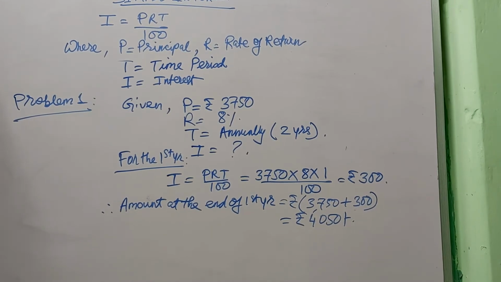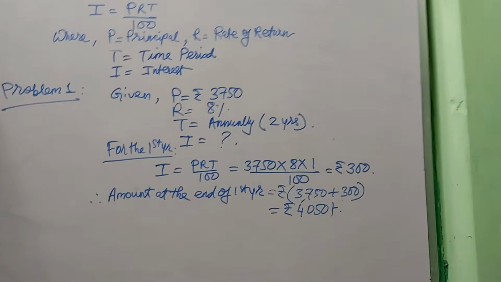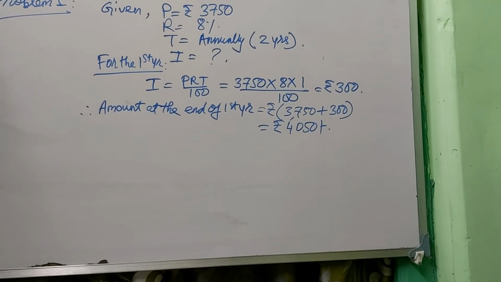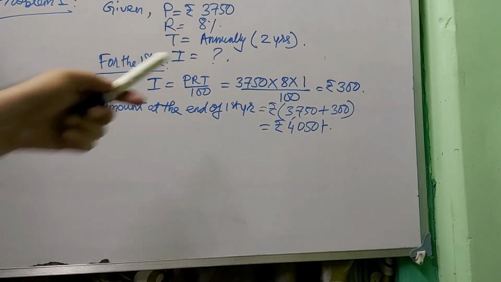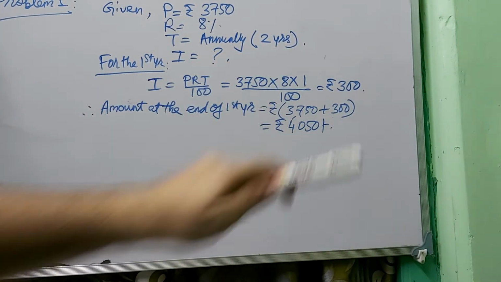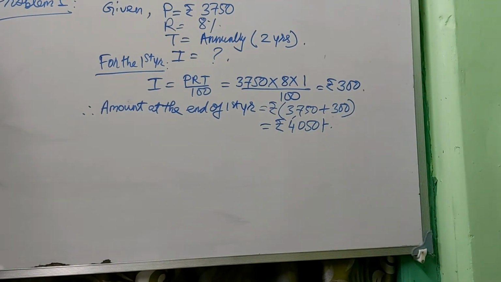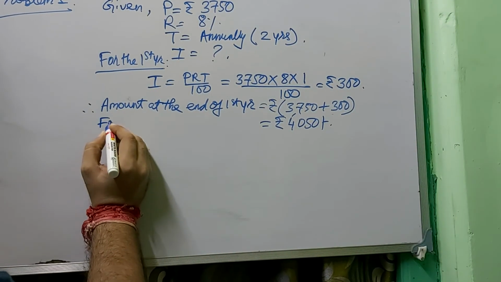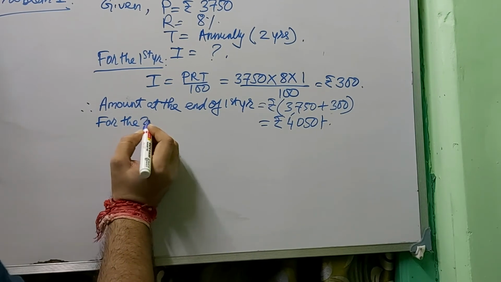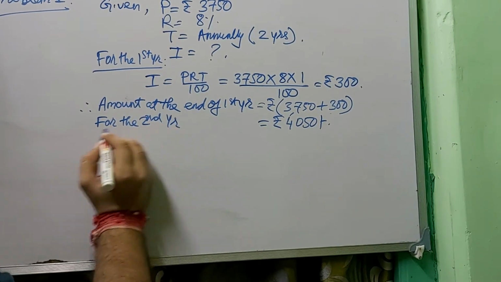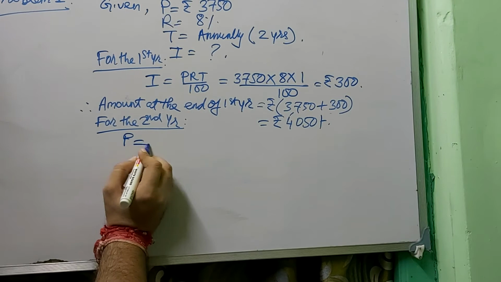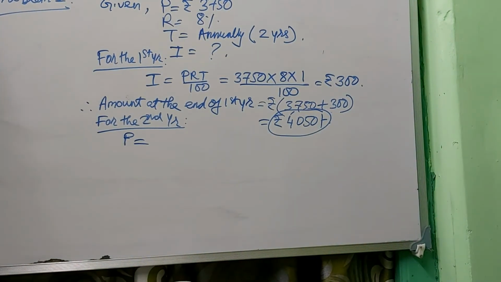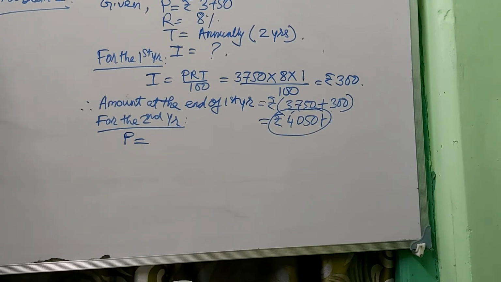Okay. Now come to the second year, because the time period is given as 2 years. For the second year, the principal amount changes, because the sum says you have to compound it annually.